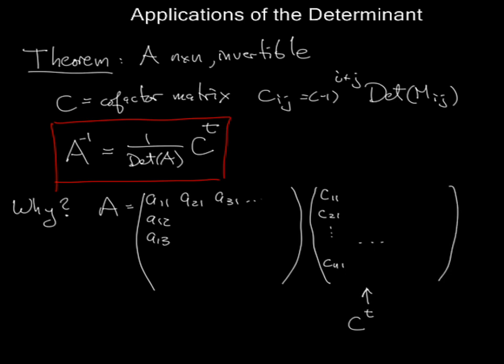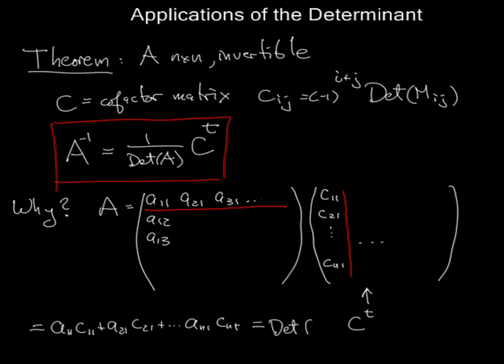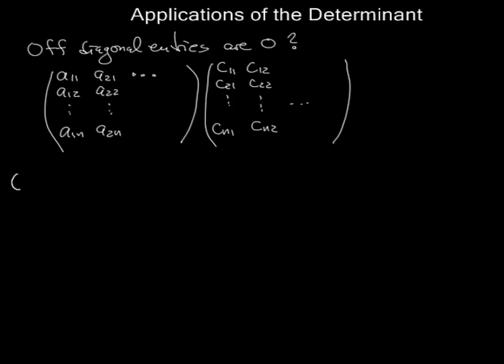And when you multiply to get the first entry of the product, the first row times the first column is a_11 c_11 plus a_21 c_21 plus dot dot dot a_n1 c_n1, and lo and behold, that's one of the formulas for the determinant of the matrix. So the diagonal entry is this determinant.